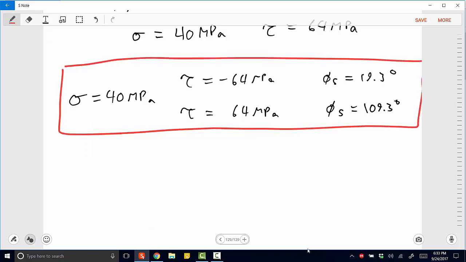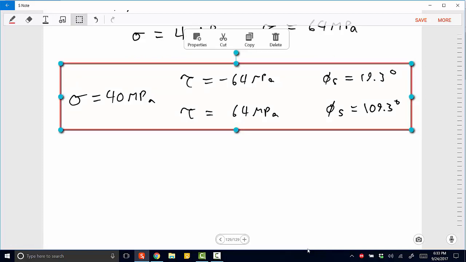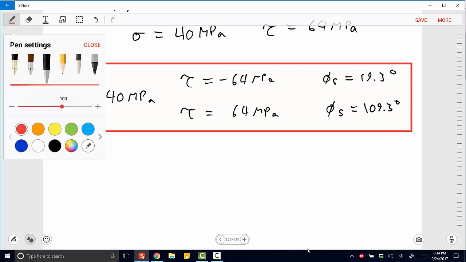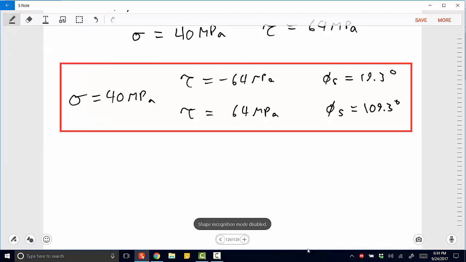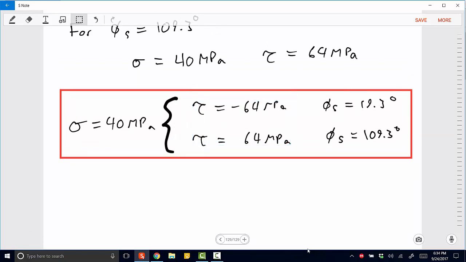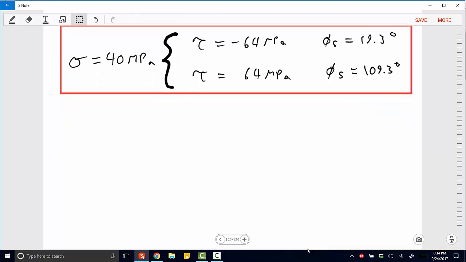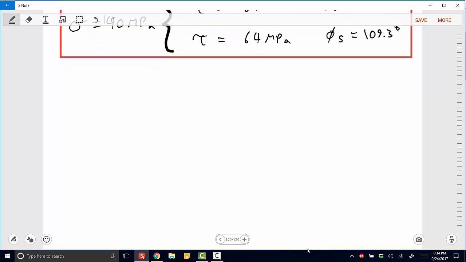These are the values that we need to know. And so now we have the extreme values of shear, their directions, as well as the normal stress that is associated with each of those values. So now let's go ahead and build our element.